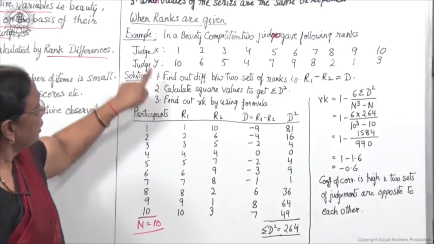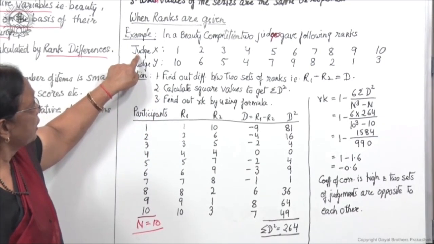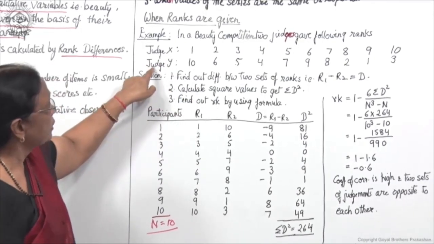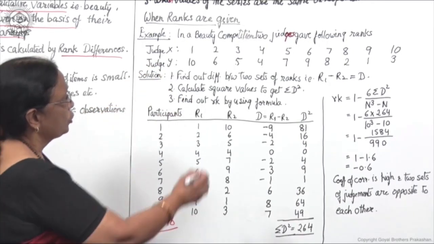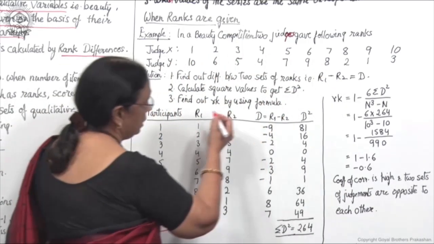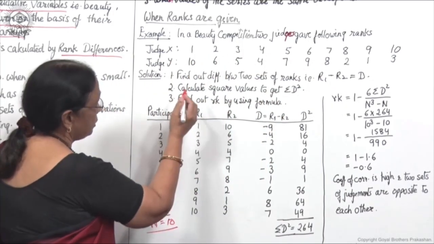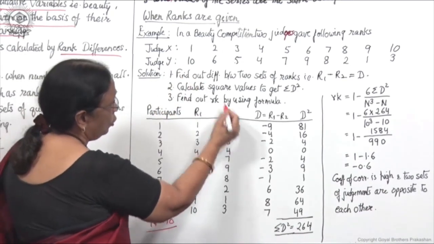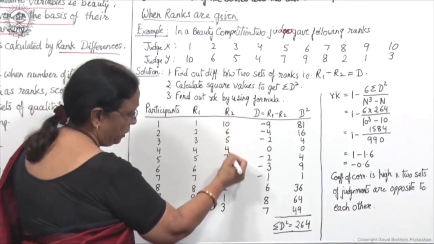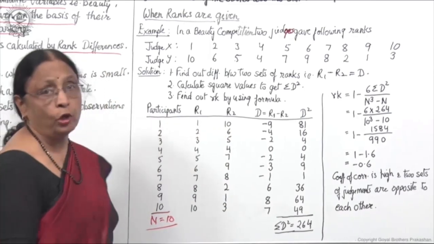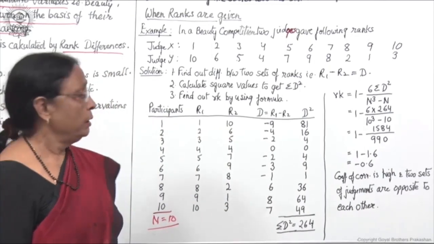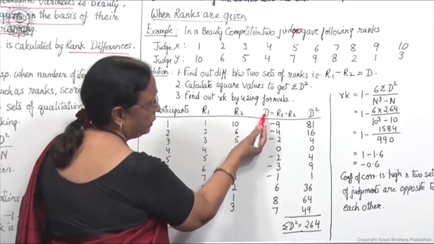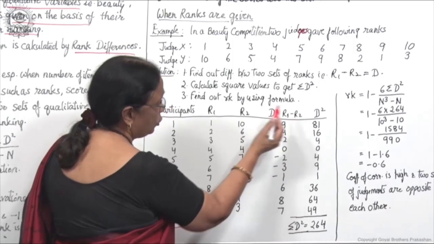Now R1 is the ranks given by Judge X and R2 ranks given by Judge Y. So you will copy down these ranks. First Judge X in the R1 column, Judge Y, copy down these ranks in the same order in the R2 column, right?